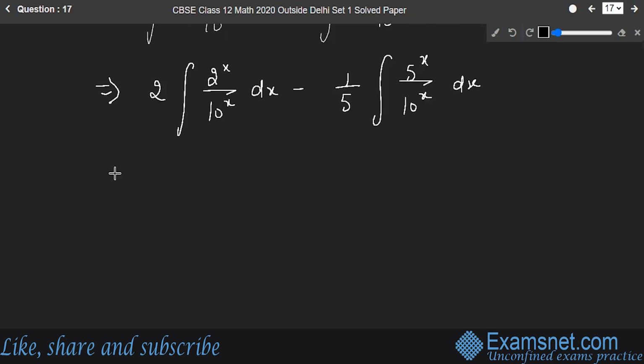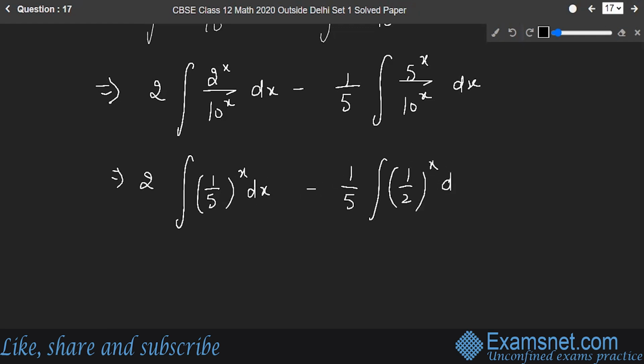So this will give me 2 times the integral of 1 upon 5^x dx minus 1 upon 5 times the integral of 1 upon 2^x dx. Hope you understood till here.